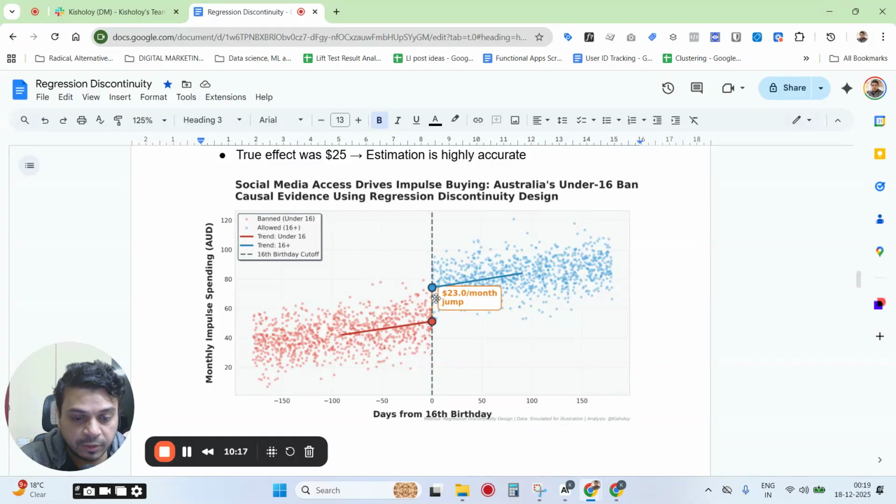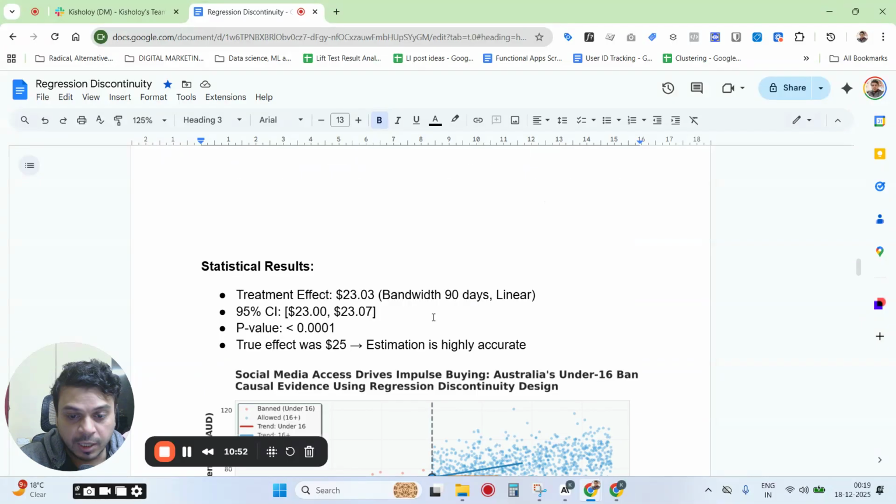Remember, we assume there is continuity in every other aspect of the individuals except for the ban imposed on the people on this side of the line. That's why we see a jump here, and this jump, with respect to impulsive buying, the spend or purchasing behavior, is therefore only attributable to the policy difference.